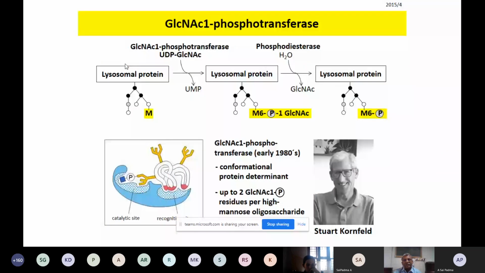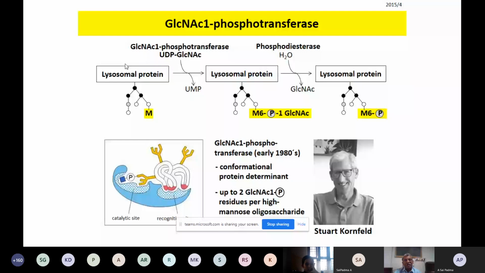Here you find the lysosomal protein with the N-acetylglucosamine residues and the mannose residues. This mannose residue is now getting phosphorylated by a phosphotransferase enzyme, which adds on N-acetylglucosamine phosphate to the mannose at the 6th hydroxyl position.